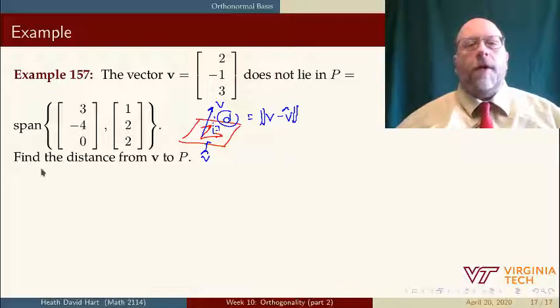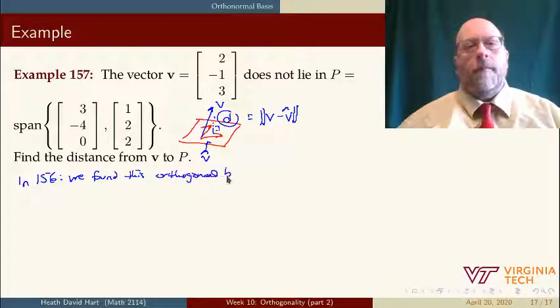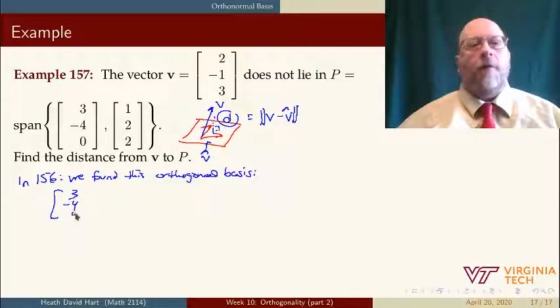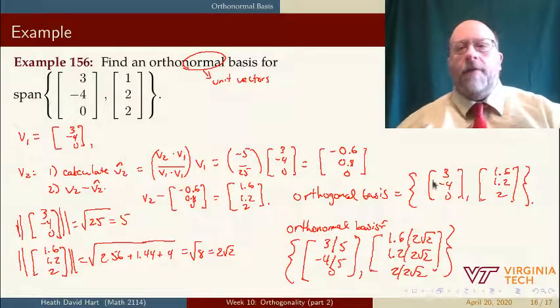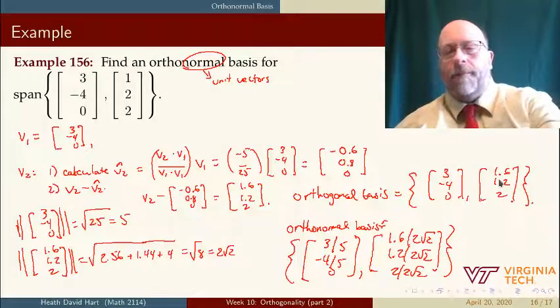So what I'm going to remind you is that in the previous problem, we found this orthogonal basis. Three, negative 4, 0, and 1.6, 1.2, and 2. Now back up for just a second. That's this basis that we found right here.